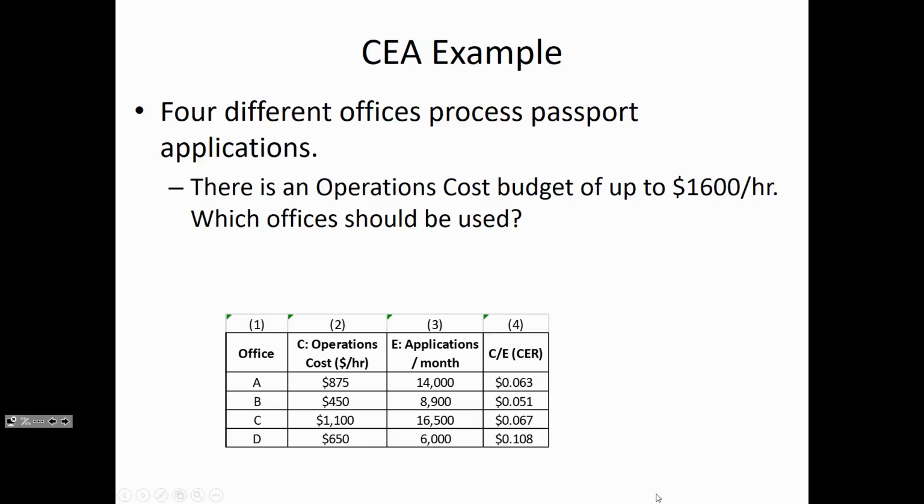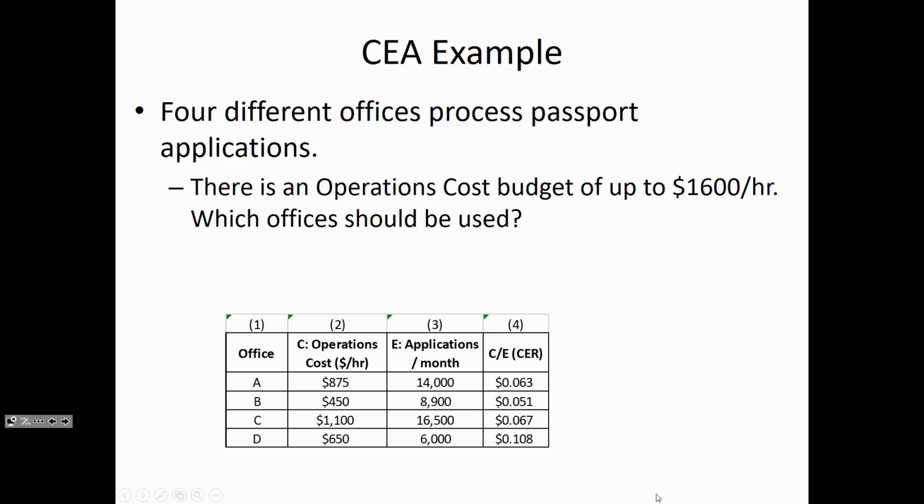Now, the interpretation of this, the units get a little bit weird because in the numerator was dollars per hour and in the denominator is applications per month. So don't worry necessarily about what these units represent, but what you should keep in mind is that the lowest is always the best here.